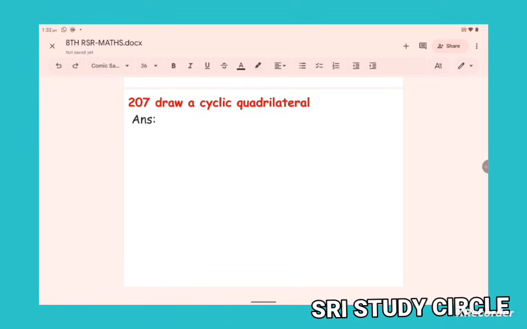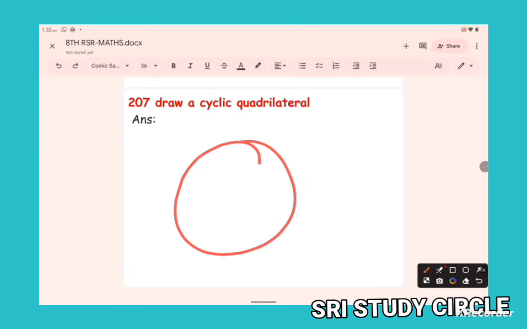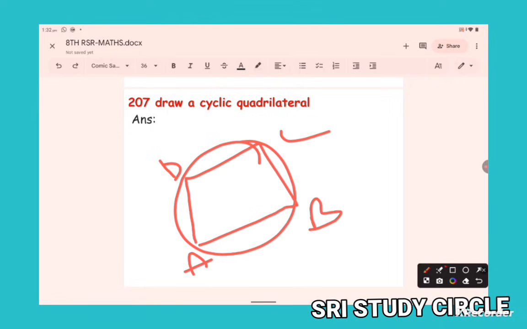Draw a cyclic quadrilateral: A, B, C, D, all four vertices lie on the circle. Therefore ABCD is a cyclic quadrilateral.